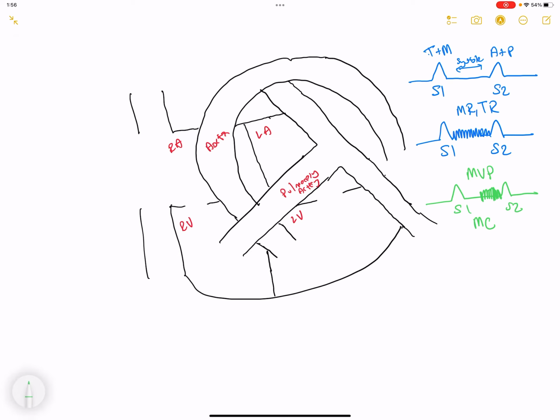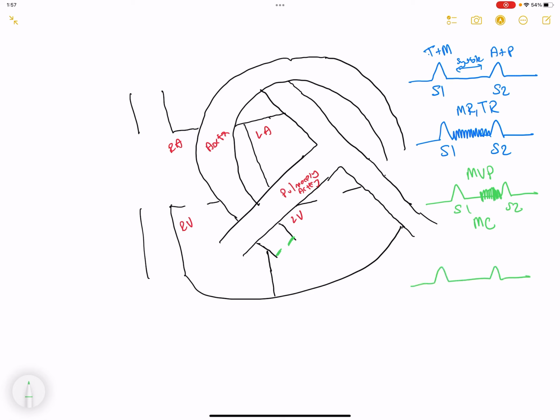Now let's move on to aortic stenosis. Aortic stenosis is stenosis of the aortic valve. So it is going to make it harder for the left ventricle to push out blood into the aorta. So the blood is not going to be able to flow through as well. So on the wavelength form, it is going to look like this.